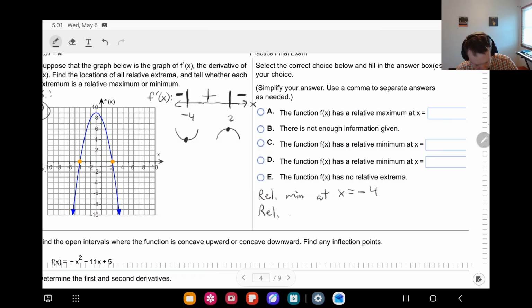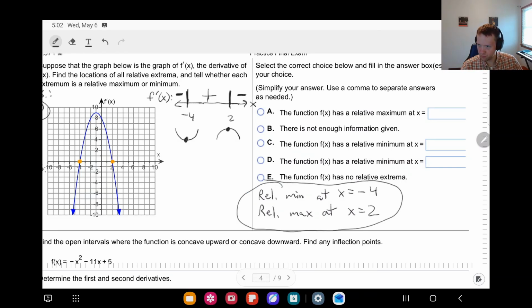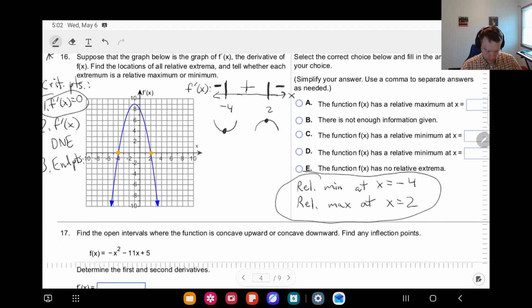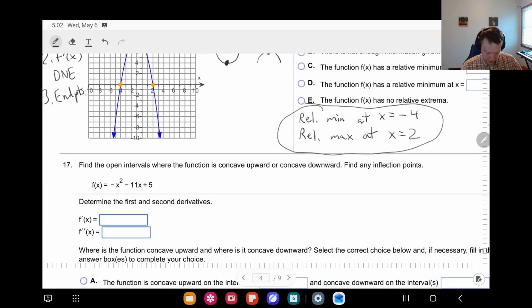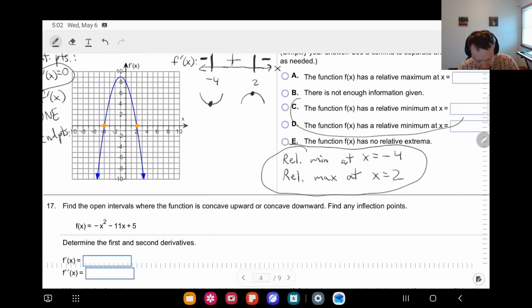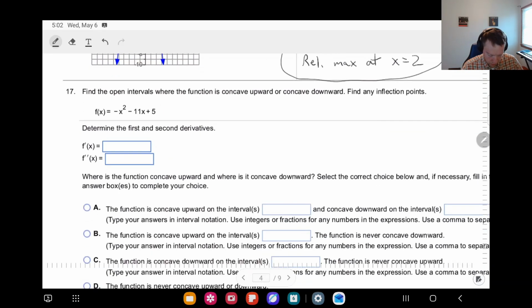So I believe that's supposed to be C, but it looks like it got cut off. Because notice that C and D are the exact same here, the way it's written. So yeah, there's something wrong with that. Okay, whatever.